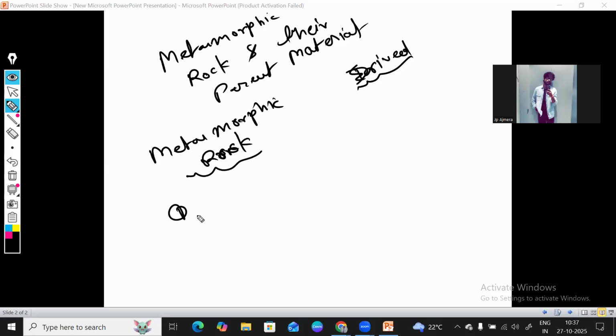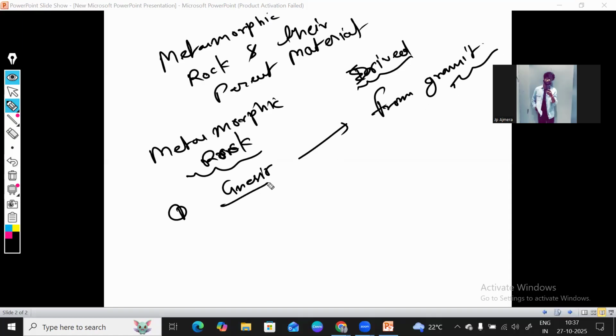The first metamorphic rock is gneiss. Gneiss originates from granite, which is an igneous rock. Gneiss is made from that.